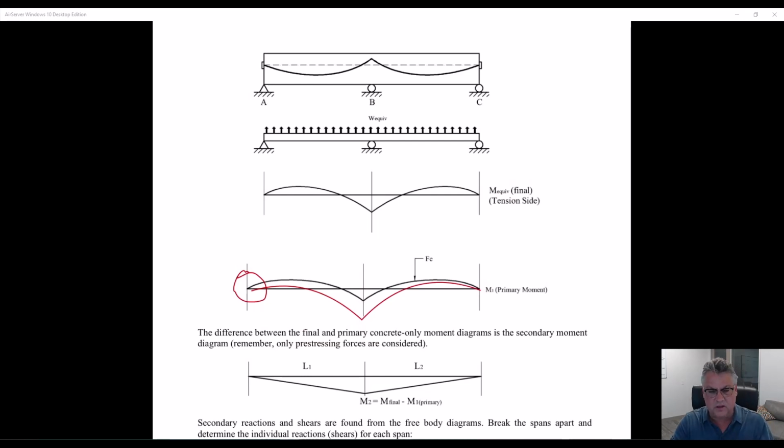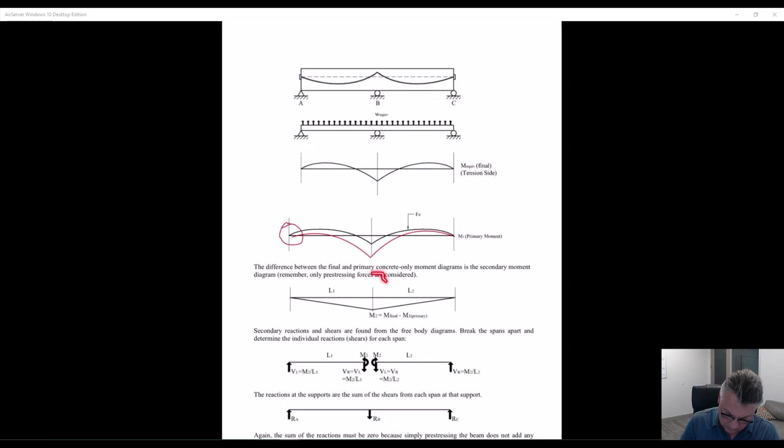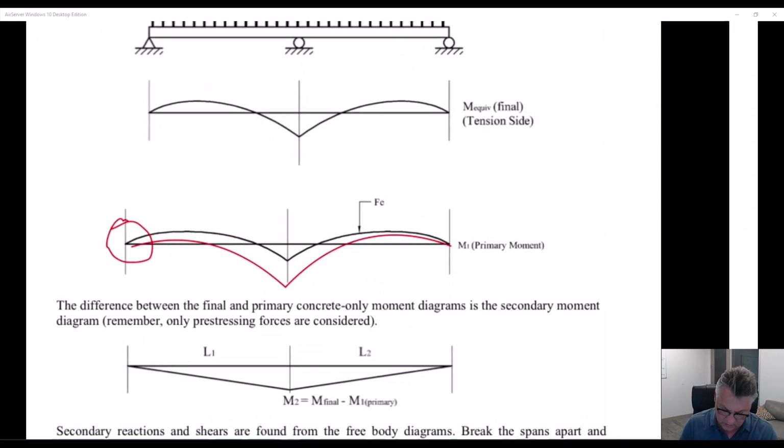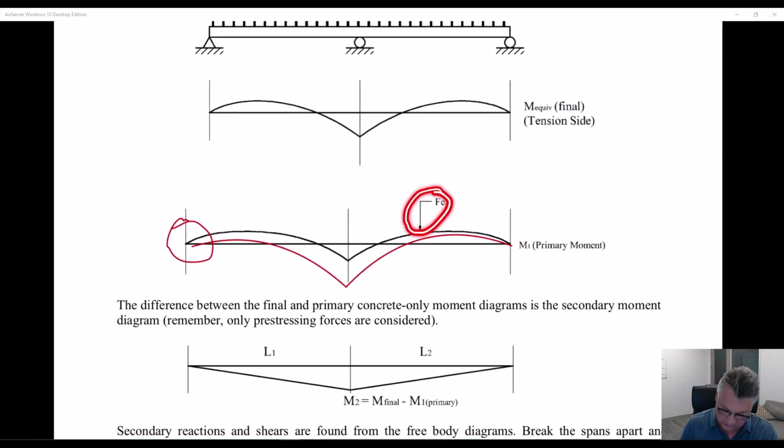So as I said, the secondary moment diagram will always be linear between the two points. But I'm going to have you draw these two diagrams superimposed on each other and hopefully prove that to yourself. If this was statically determinate, this would be the moment diagram we get. Because it's not, we put the equivalent loads on and we get this moment diagram.